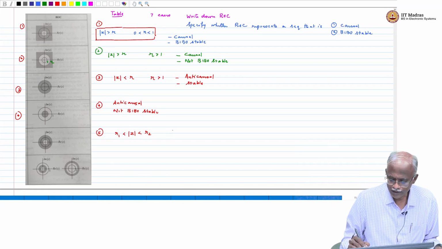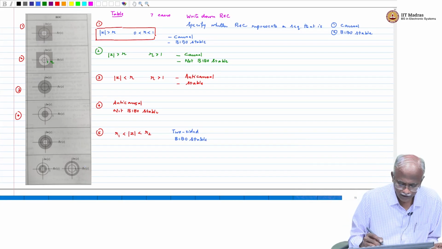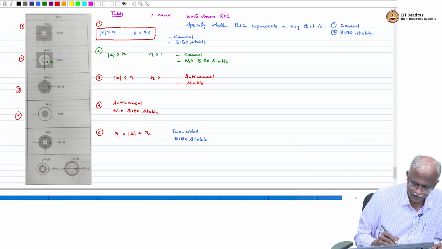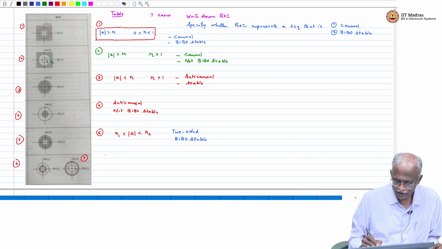So therefore this is a two-sided sequence, and it is bibostable. Okay, and you can see that this is number 5, number 6 and number 7.